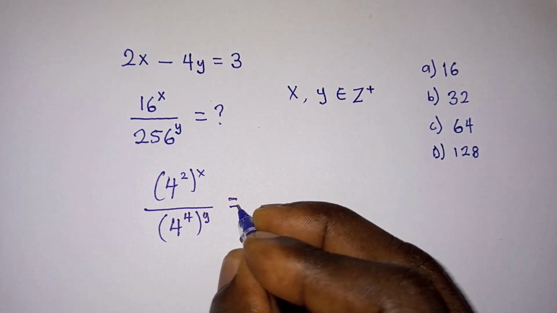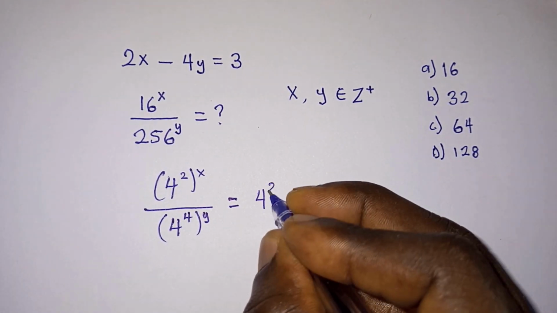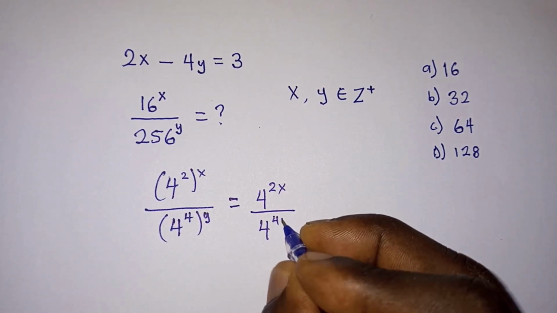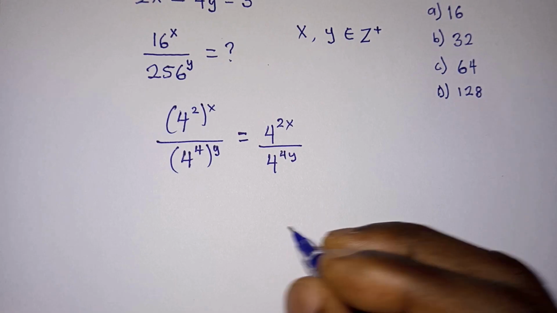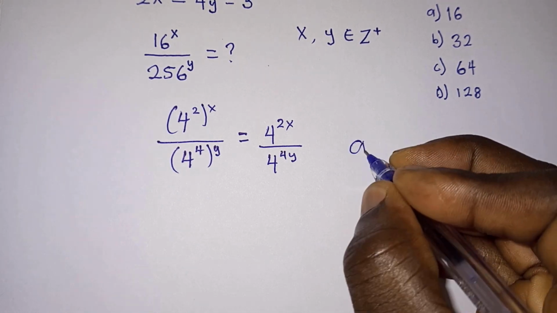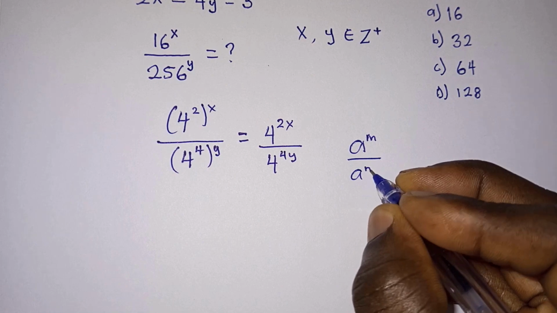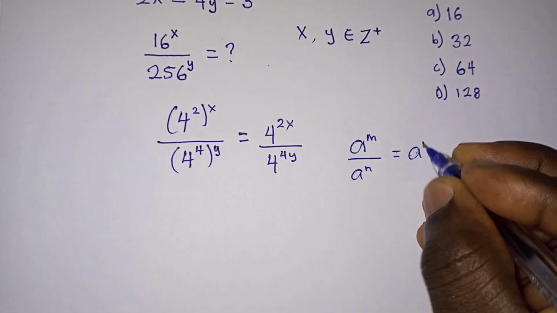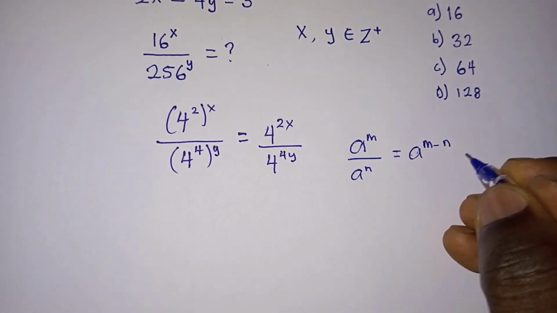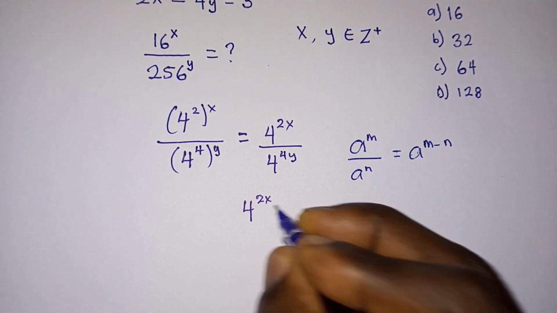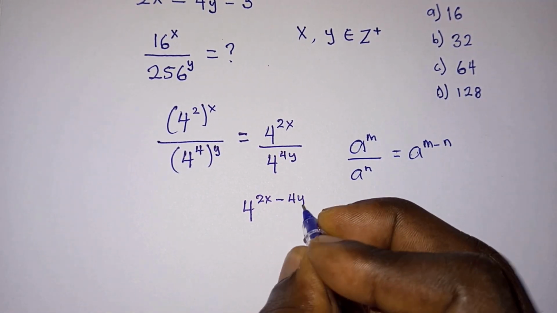And we can write this as 4 to the power 2x divided by 4 to the power 4y. Then we will apply a power rule which says that a to the power m divided by a to the power n is the same as a to the power m minus n. So we can write this as 4 to the power 2x minus 4y.